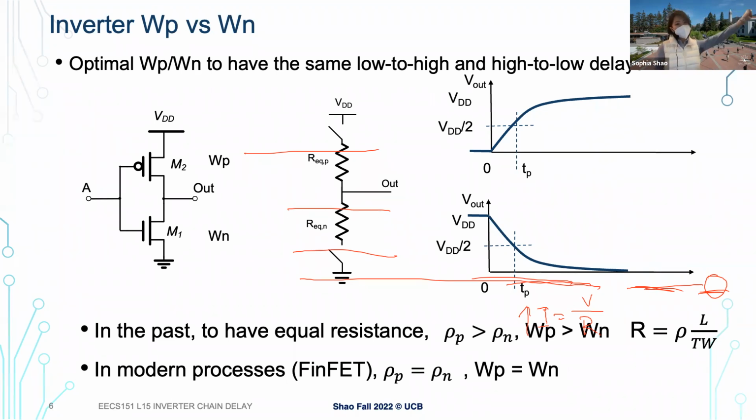In the past, the mobility or resistivity of PMOS and NMOS was significantly different, because PMOS is conducted by holes and NMOS by electrons. With different mobility, PMOS is typically slower. So especially with old technology, PMOS is typically bigger.